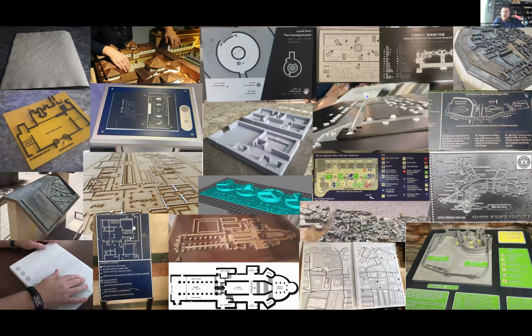But what we've got on here is a load of thermoformed maps, pedestal maps cast in bronze or other materials, various ones made out of plastic or wood, paper-based maps, even some other concrete cast or 3D printed ones. And this just shows how many different ways we can choose to try and represent spaces through tactile means.